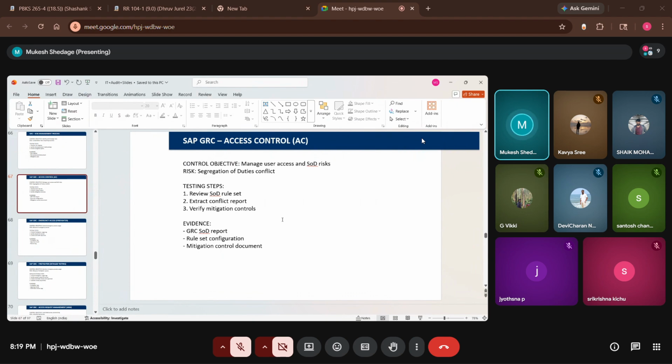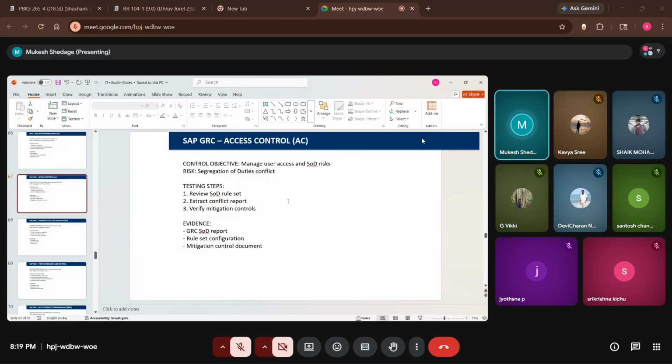If you extract or fetch the SUIM report, three things you need to check: who initiated the access, who approved the access, and who gave the access. Those should not be the same entity. That's it. That's what we check in AC, or SAP GRC access control. Nothing more than that, nothing less than that. Got it?